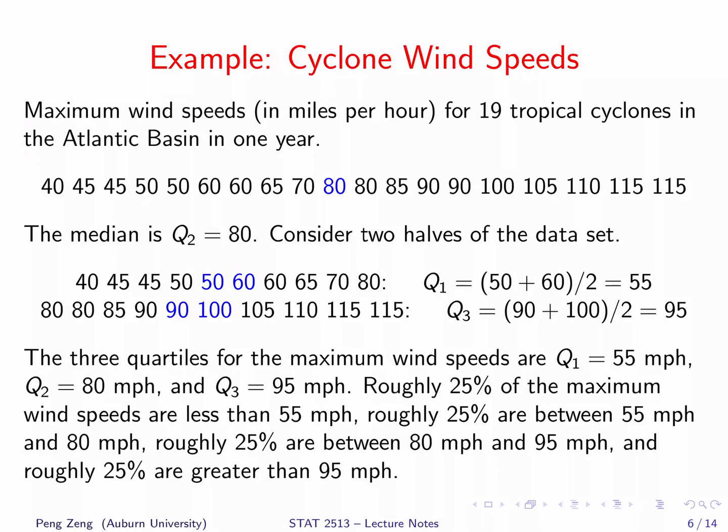Roughly 25% of the maximum wind speeds are less than 55 miles per hour. Roughly 25% are between 55 and 80 miles per hour. Roughly 25% are between 80 and 95 miles per hour. And roughly 25% are larger than 95 miles per hour.